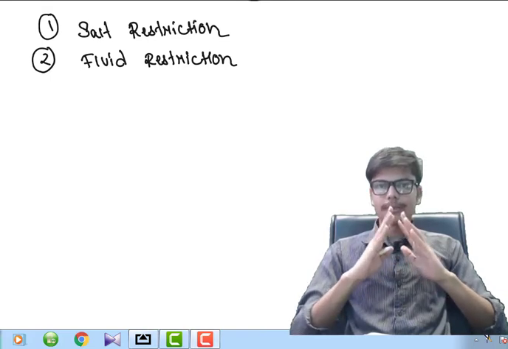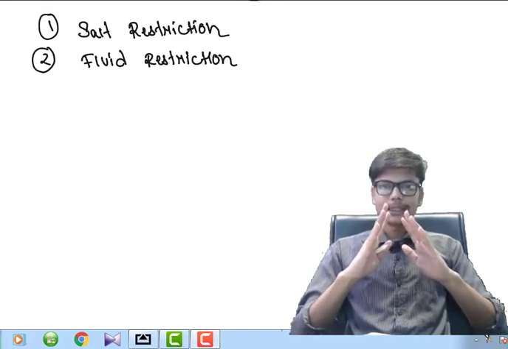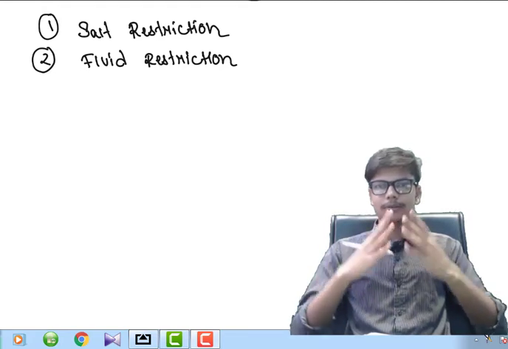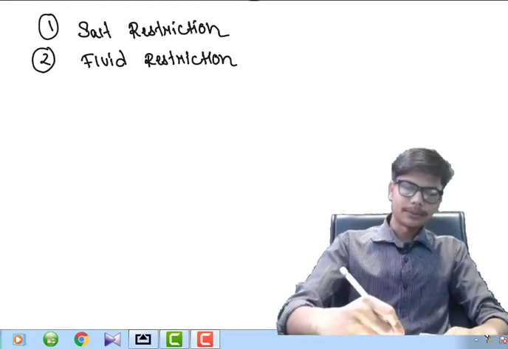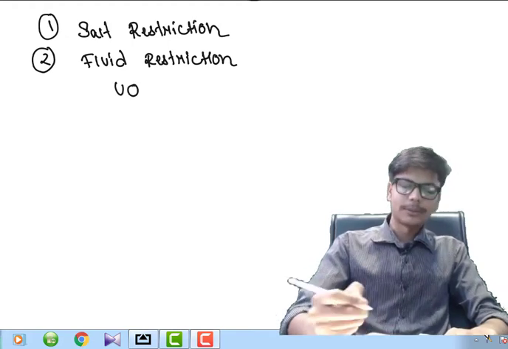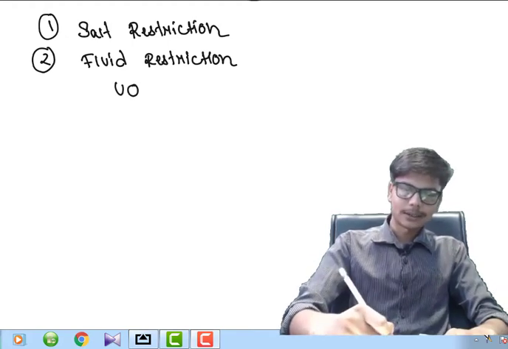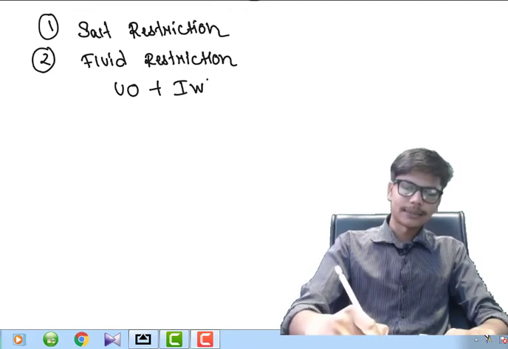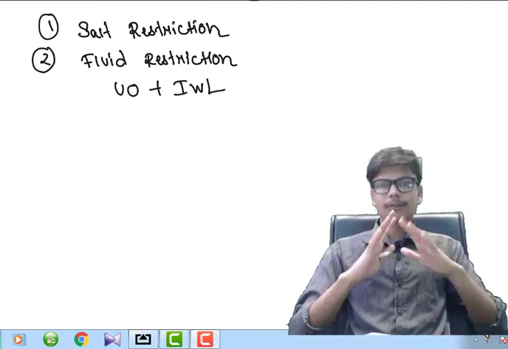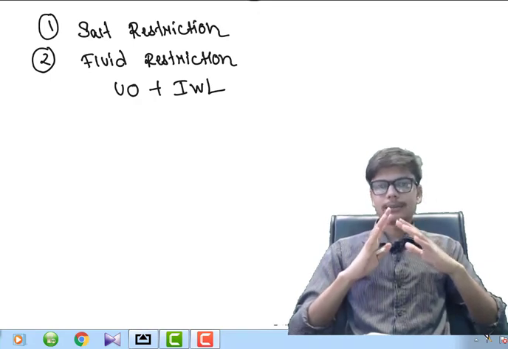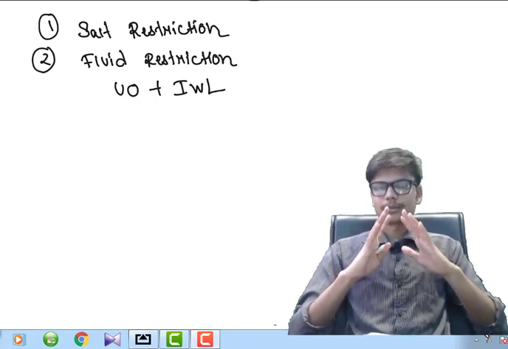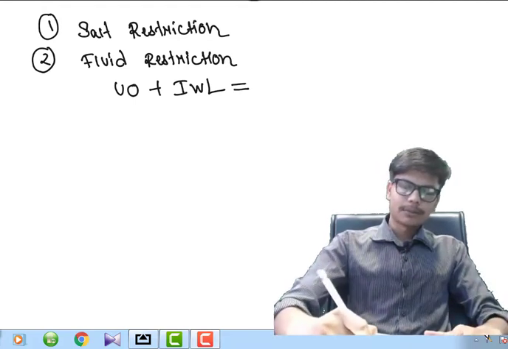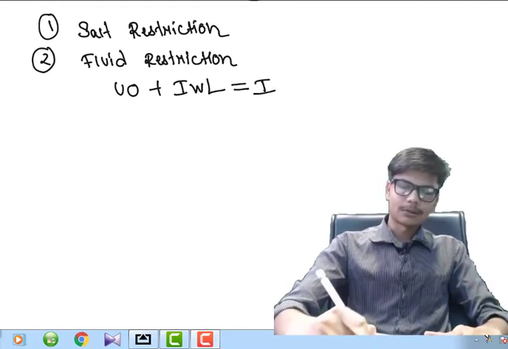Fluid should be monitored accordingly, and whatever the output of the fluid, we should give the same amount of fluid as an input, which means urine output should be measured, plus we should measure the insensible water loss in a patient. The total amount of urine output plus the total amount of insensible water loss from the body should be measured, and the input of the fluid should match the output of the fluid.